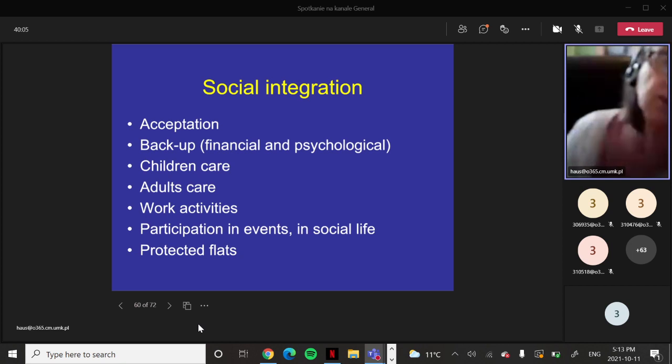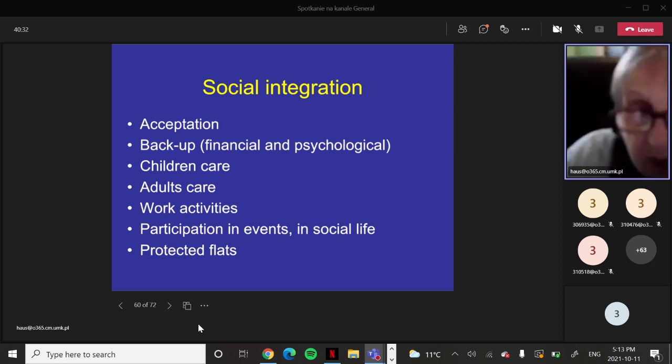What is important for people with Down syndrome? Social integration, not only familial life, which is very important, but also integration in the whole society. What does it mean? Acceptance, backup, financial from the government, and also psychological from pedagogues, psychologists, teachers, and so on.